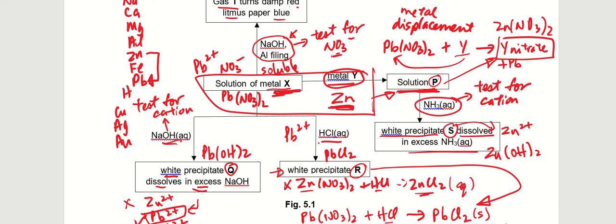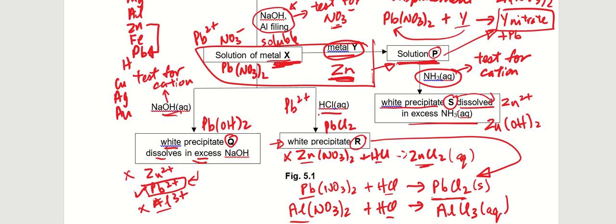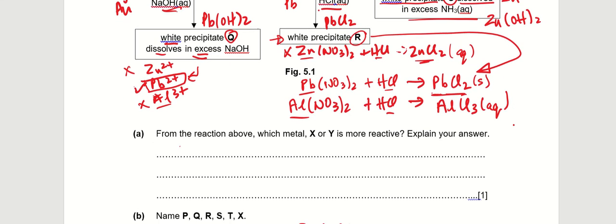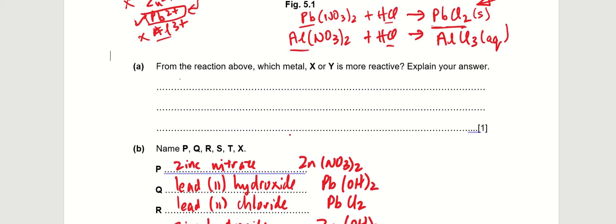Where is S? S here is a white precipitate that dissolves in excess aqueous ammonia, and we know that there is only one cation responsible for that, Zn2+, and the precipitate is zinc hydroxide. So S is zinc hydroxide. Formula Zn(OH)2.